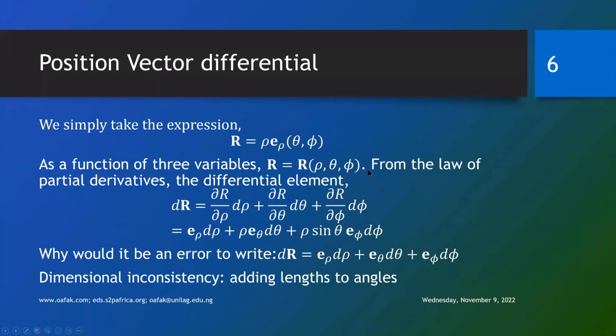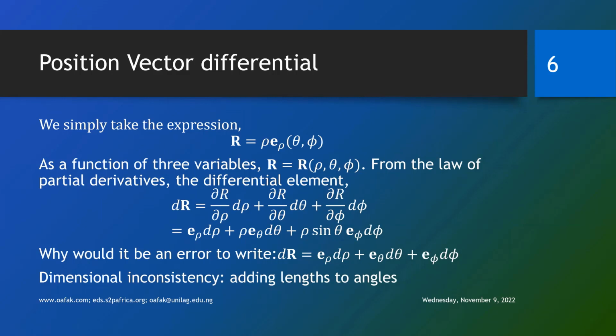And if it's a function of rho, theta, and phi, from the law of partial derivatives, the differential element dr is written as the partial of r with respect to rho, plus the partial with respect to theta, plus the partial with respect to phi, for a function of three independent variables. I'm sure you know this formula. Now we already know that the partial of r with respect to rho is E rho, with respect to theta is rho E theta, and with respect to phi is rho sin theta E phi. That is where these expressions come from. These expressions are not just guesswork.